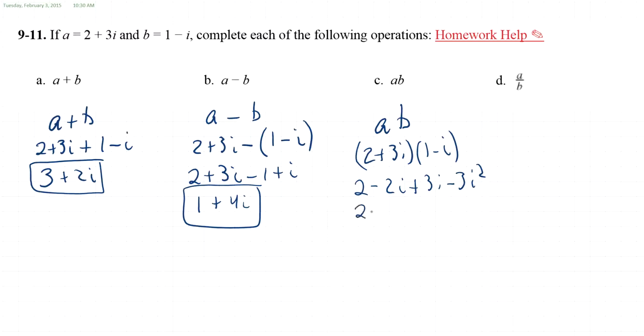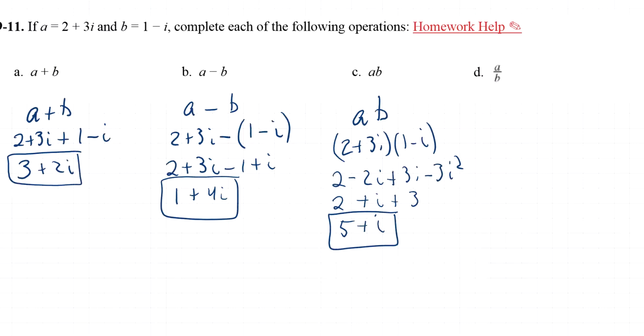So combining like terms, we get negative 2i plus 3i is plus i, and then negative 3 times i squared is going to be positive 3. So then this is going to be 5 plus i, and that's my answer. And again, I'm showing a lot of steps here that you don't need to show.